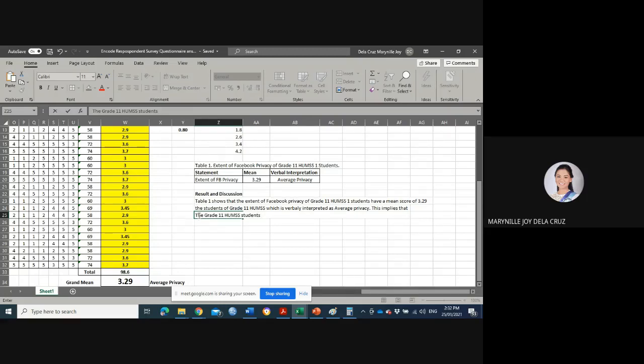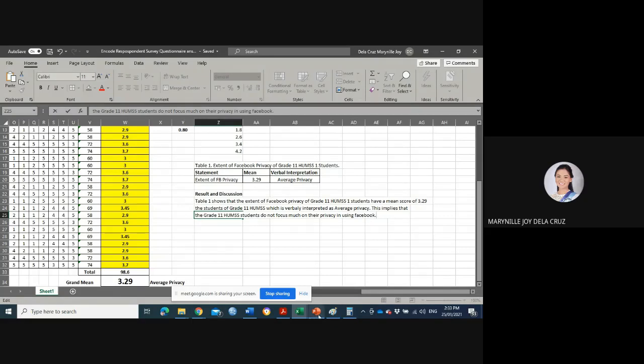This implies that the grade 11 HUMSS students do not focus much on Facebook privacy, and didn't focus much on their privacy in using Facebook.